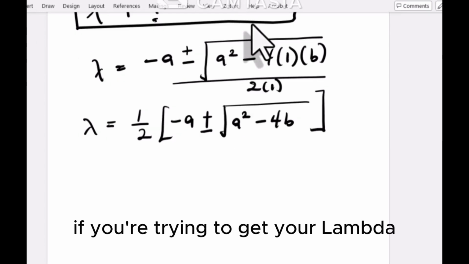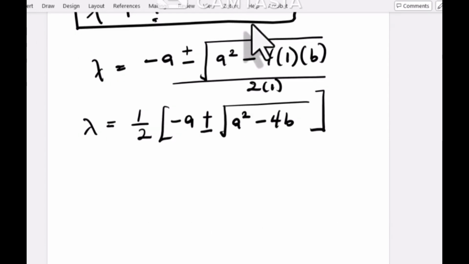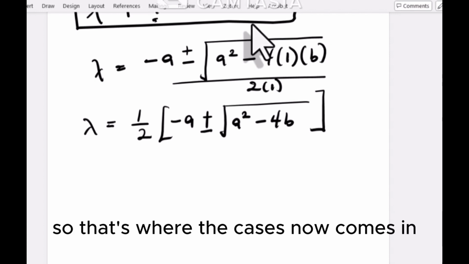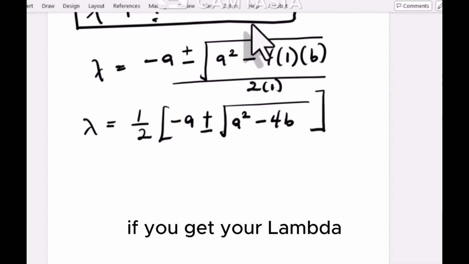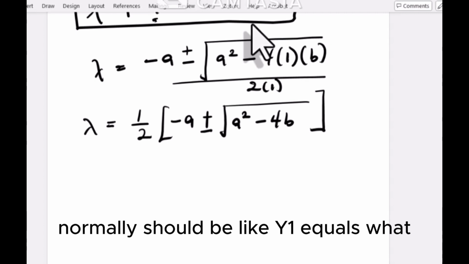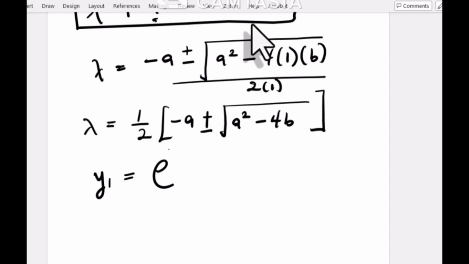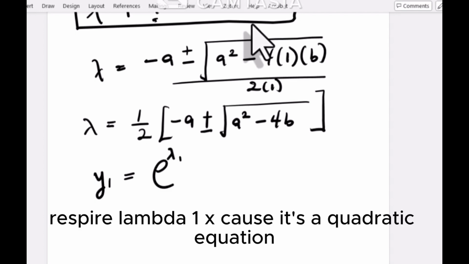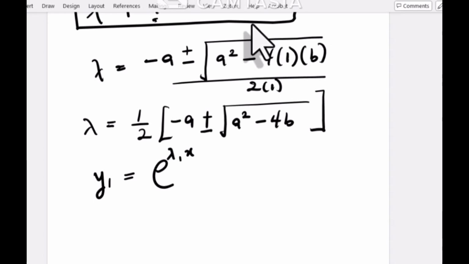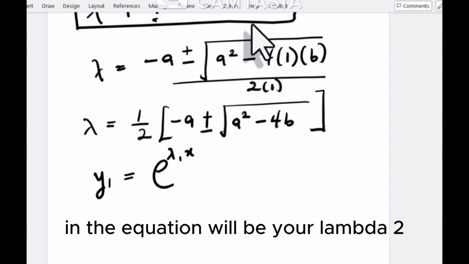The kind of solution you get for your lambda will depend on how your solution is going to look, and that's where the cases come in. When you get your lambda, normally y1 equals e raised to lambda 1 x. Because it's a quadratic equation, you've gotten plus or minus, so your first value will be lambda 1 and the negative part will be lambda 2.